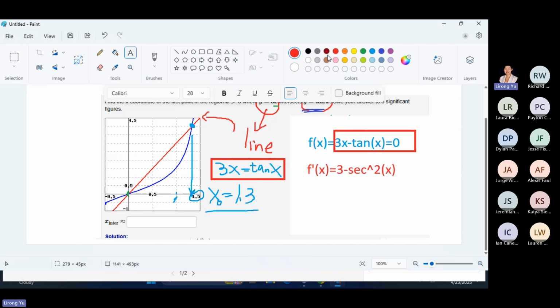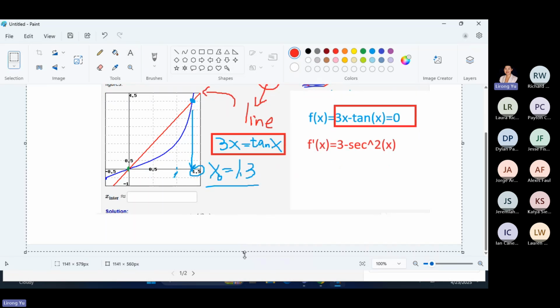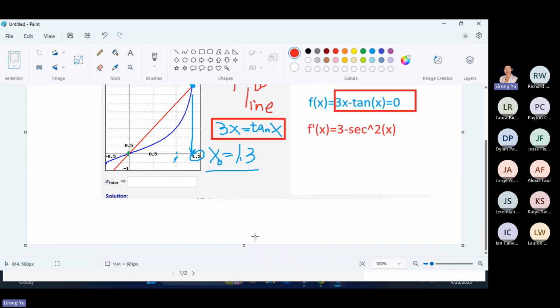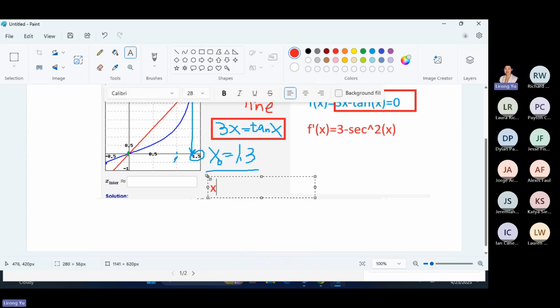Newton's method will be your second calculation after the initial guess, the initial number 1.3, which, as you see from the graph, is already pretty close. To get from there, x1 equals x0 minus the function value at x0 divided by the derivative value at x0.